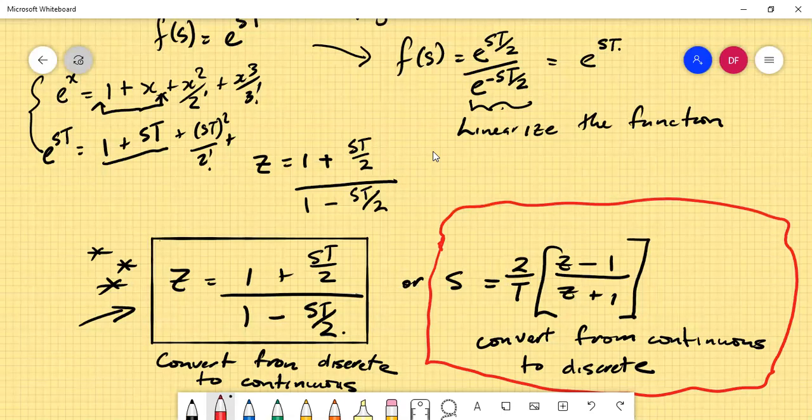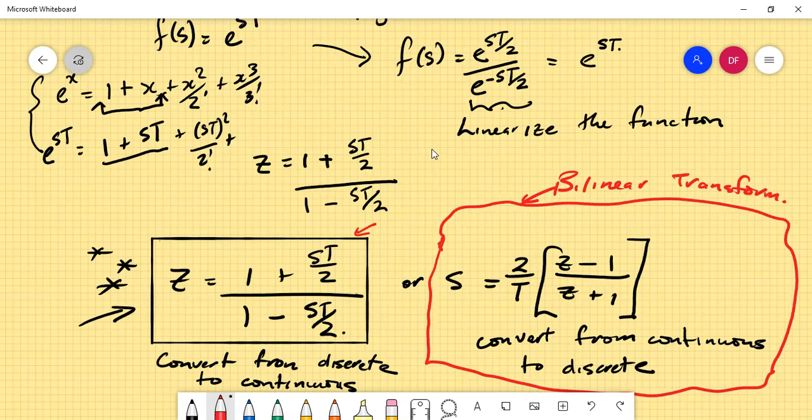Actually, this and this is the bilinear transform. All right. So bilinear transform, these two things that are here.